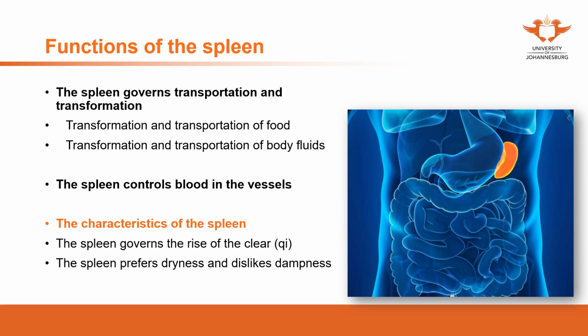The second function of the spleen is controlling blood in the vessels. When you hear controlling blood in the vessels, it may feel similar to the function of the heart. The heart governs blood. When we say it governs the blood, it includes creating blood and promoting blood circulation.